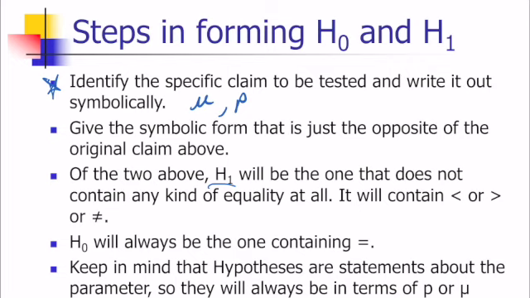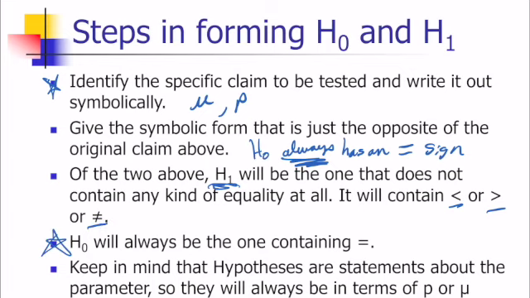H0 always has an equals sign. Depending upon the claim, H1 can be less than, greater than, or not equal to. Like I said, H0 always has an equal sign. And keep in mind, these statements are about the population proportion or the population mean.